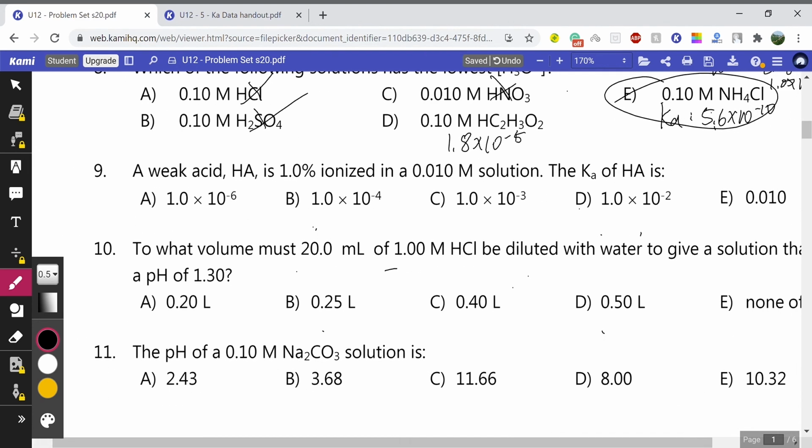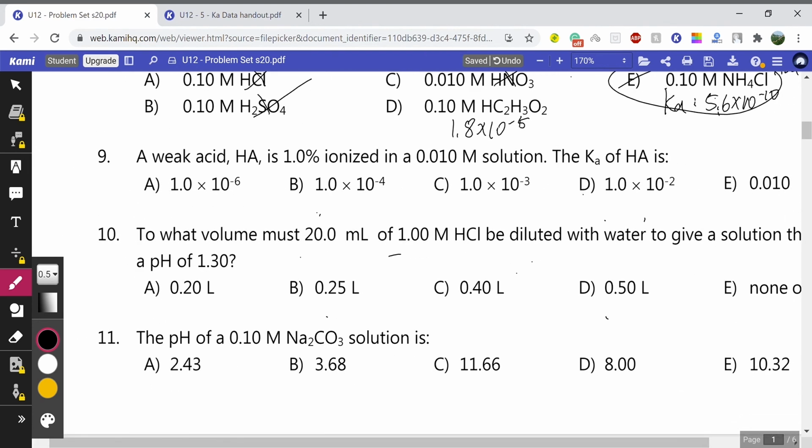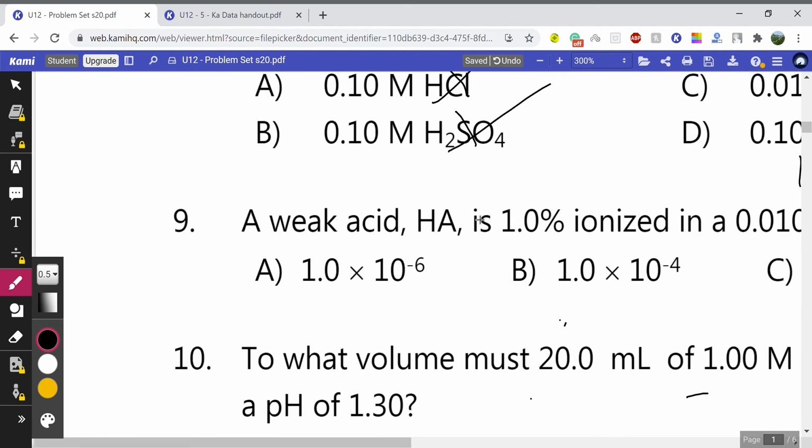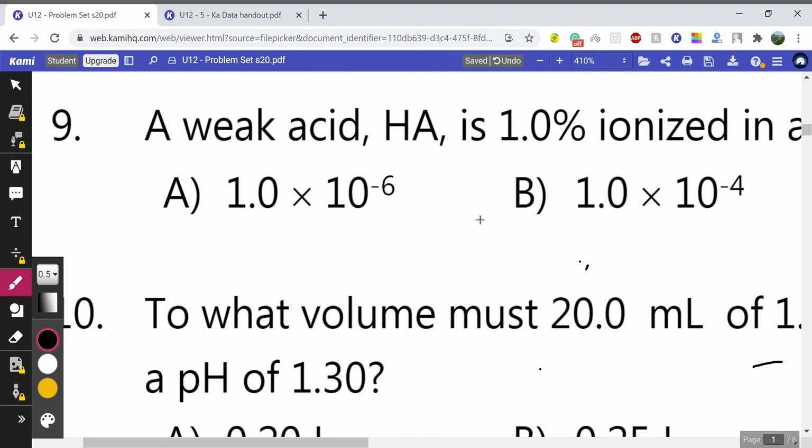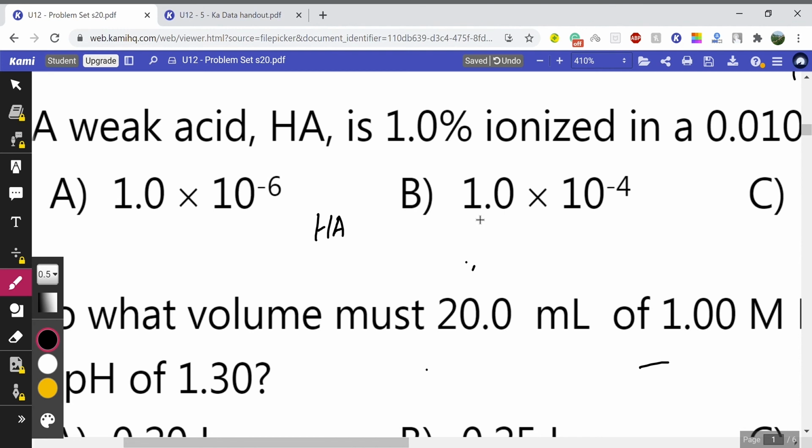Now our next one, our weak acid HA is ionized by 1%. So this time we really need to do the RICE table. So HA plus H2O is going to form H3O plus and A minus.